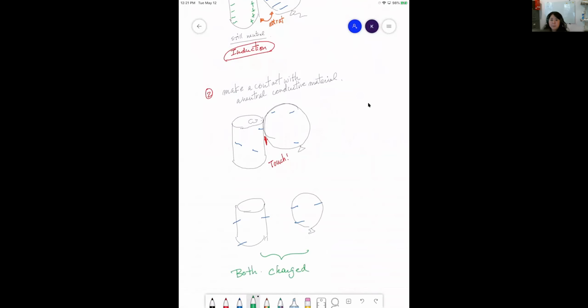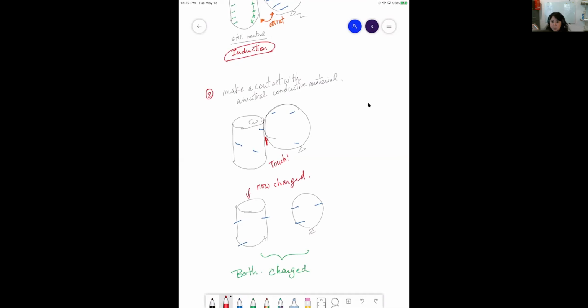But you see that the balloon is not as much charged because it gave probably half of the electrons to the can. And now the can is negatively charged. So you can charge the object by friction and contact.